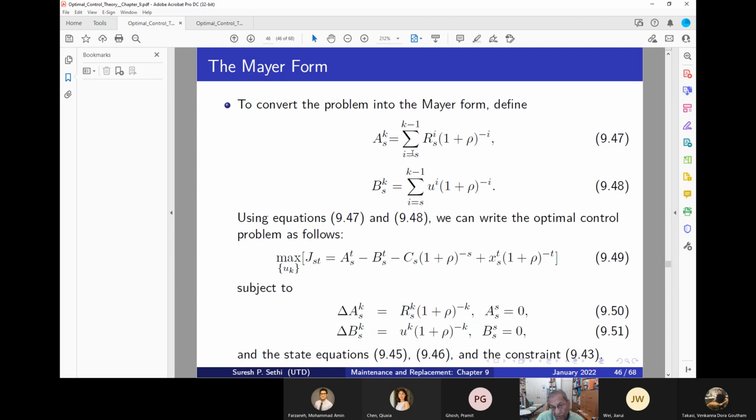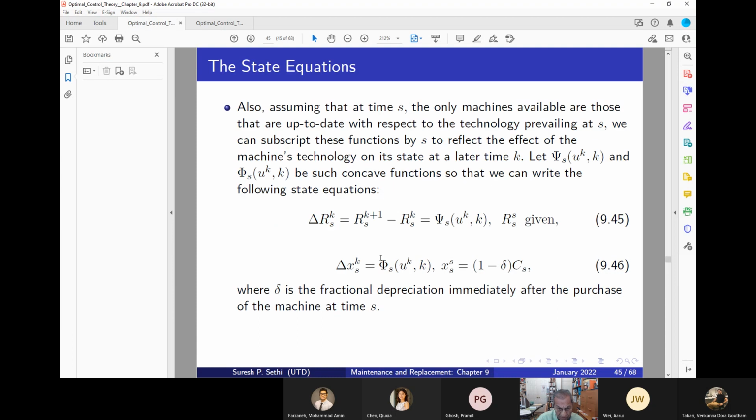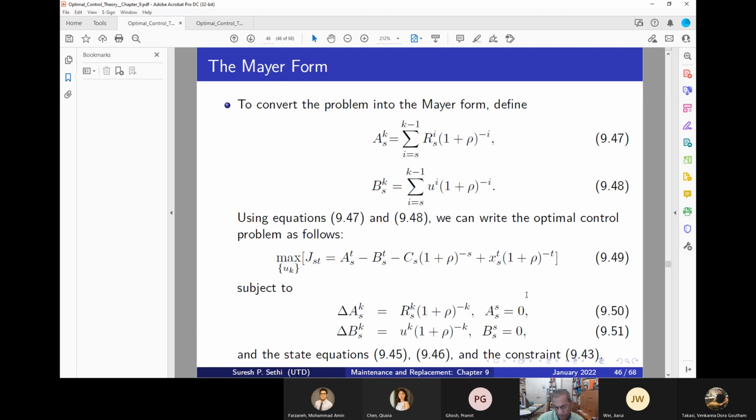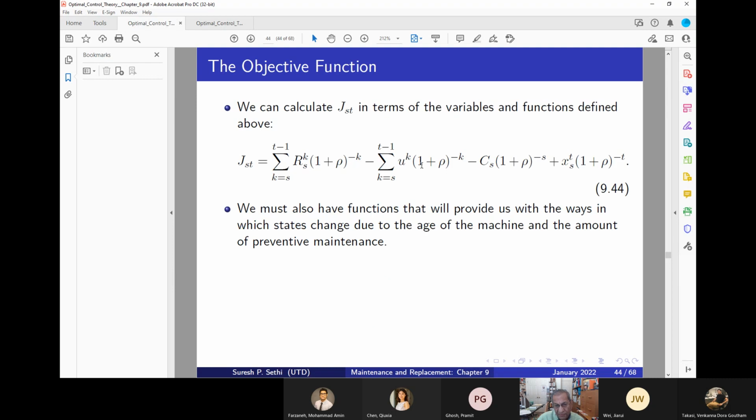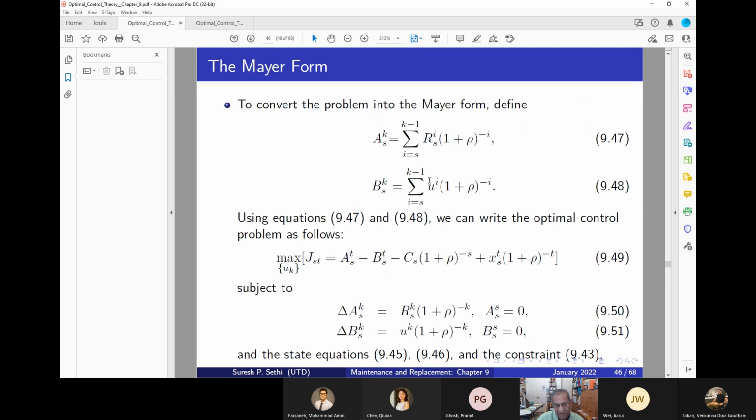And that is 0 because if this quantity is the same or less than S, then this is automatically 0. So ASS is 0, BSS is 0 because there's no sigma there. And so we got four equations. We can either have this objective function and these two equations, or have that objective function and four equations. This is what you're going to do.